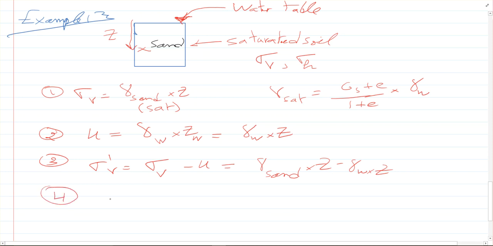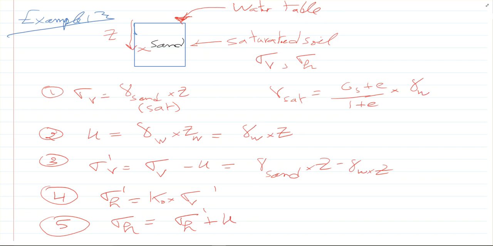Step 4, I want to find the horizontal stress. So I find the effective horizontal stress equal to K naught times sigma V dash. Step 5, the total horizontal stress equal to sigma H dash plus U. Now why didn't I just simplify this and say sigma H equal K naught sigma V, like we did before?